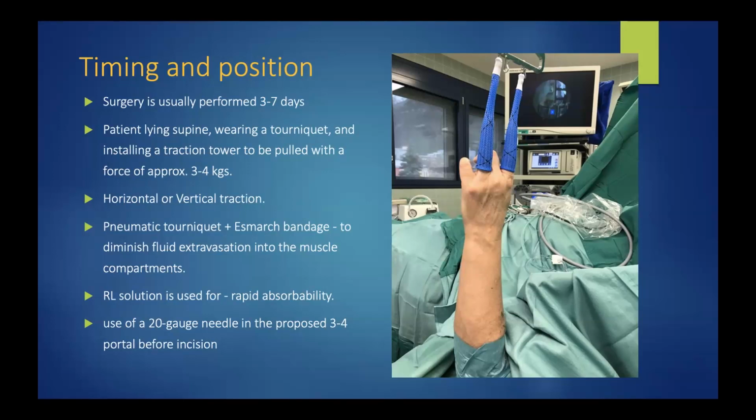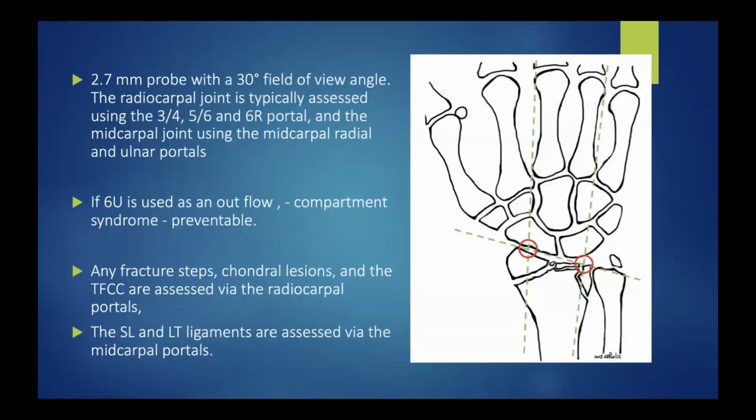And we use a 20 gauge needle and the proposed 3-4 portal before incision. When there is a fracture, there is a high likelihood that the portal placement can go wrong. So what is being suggested is we use image intensification.